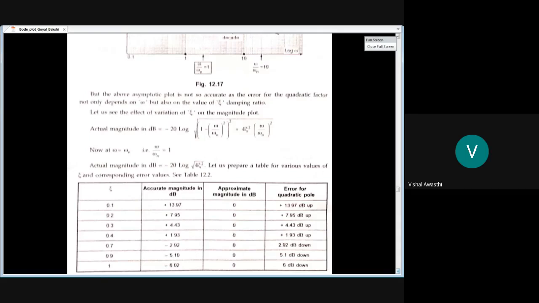And this minus and plus sign shows whether it is on the upside or downside. So if zeta is equal to 0.1, the magnitude is 13.97, it means this should be above your 0 dB line. Similarly, when zeta is equal to 0.9, the actual magnitude is minus 5.1, so minus shows that this is below the 0 dB line.